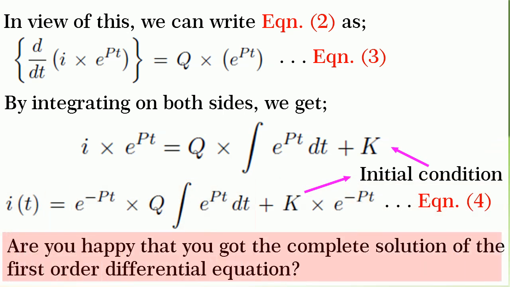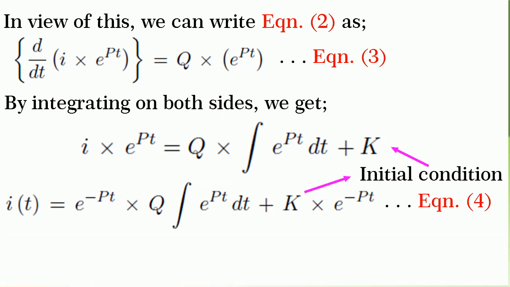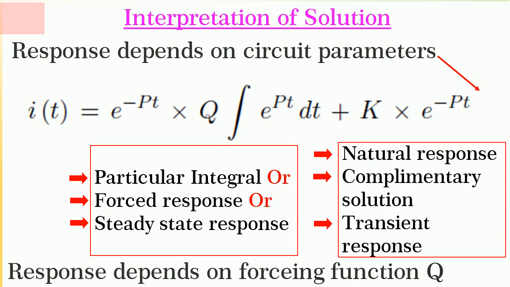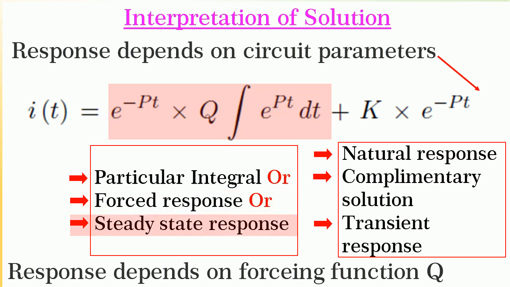Are we happy that you have already got the standard form of solution of first order ODE? No, friends, because we have to find the value of k. But now let us interpret this equation. In the equation for I of t, the first part, which is dependent on q, the forcing function, is called as a particular integral or forced response or steady state response.